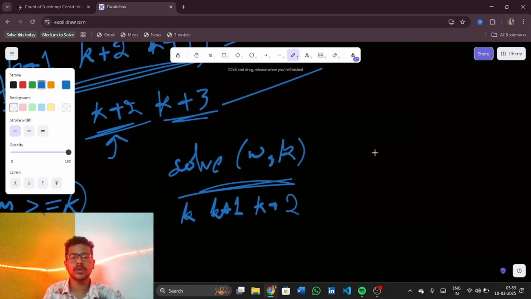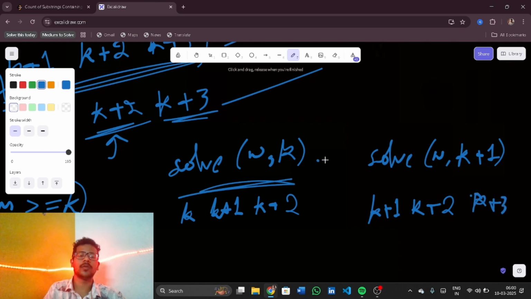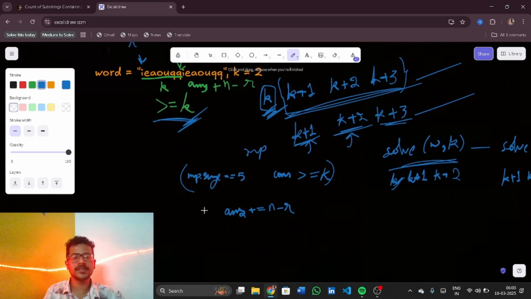Now, I will also call solve with word and K plus 1. This will be having all the count of substrings which are having count K plus 1, K plus 2, K plus 3, and so on. Now, if I remove this, I am only left with K. So, this is how I solve this problem.